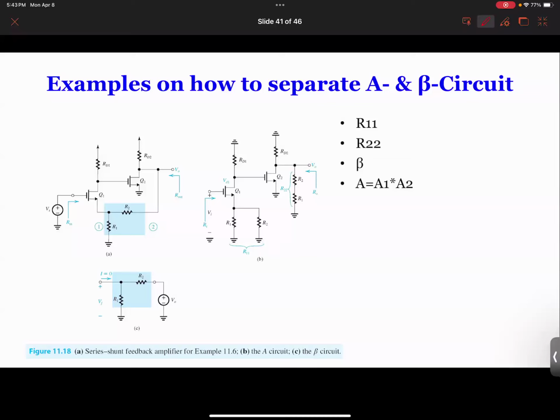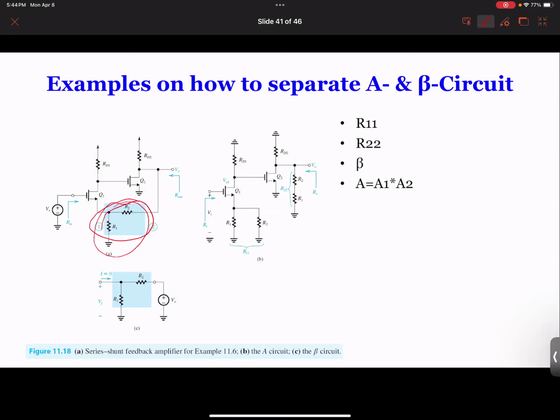Okay? So the idea is to really break this, because if you don't break this circuit, like in the video example that I showed you last time, you have to break up the circuit somewhere and go all the way through the circuit to get the loop gain, A times beta, they call loop gain. It's very difficult.